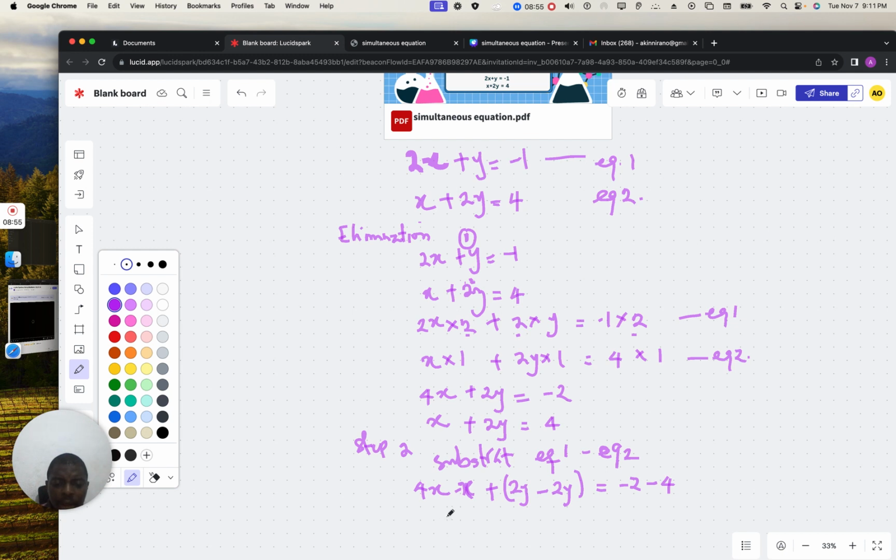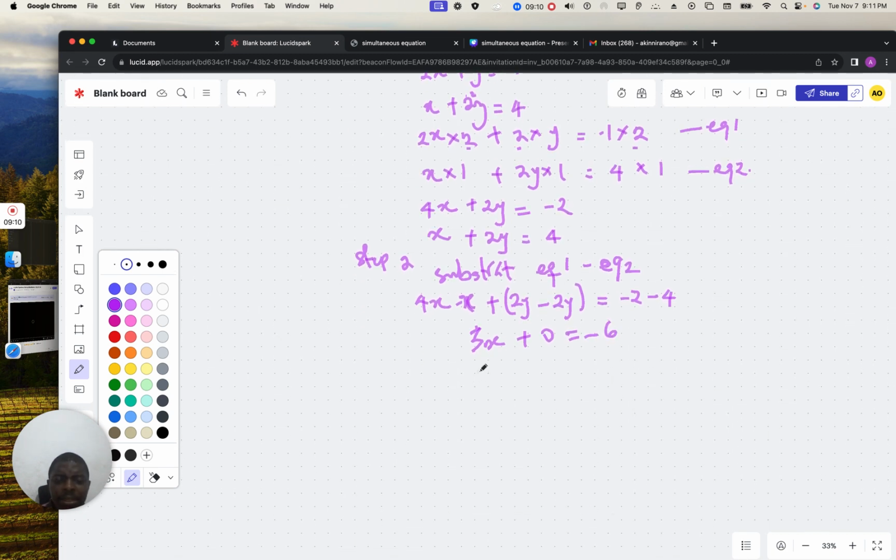Okay, so what we're going to have here is 3x plus 0 is equals to minus 6. So with this you can now say 3x is equals to minus 6.